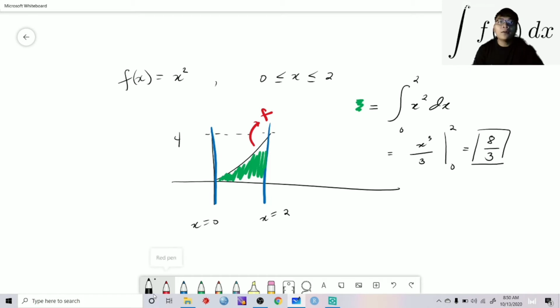Now, what about if we have this orange, yellow area? The yellow area can be computed by getting the integral from 0 to 4 of the function square root of y dy.